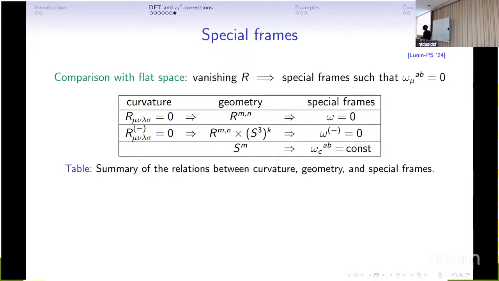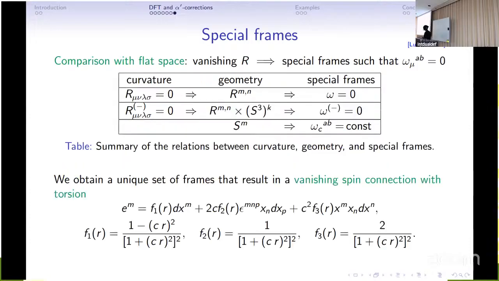You can choose to write a certain set of frames where this is non-zero, but this would still vanish. So if you take this as your inspiration, what if we do something similar? Right now, our constraint is that R minus is 0. It actually turns out that we can find a unique set of frames where even this omega minus is 0, which means the torsionful spin connection is 0 as well.